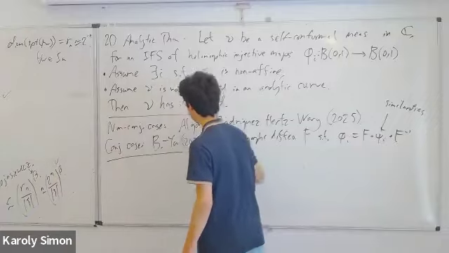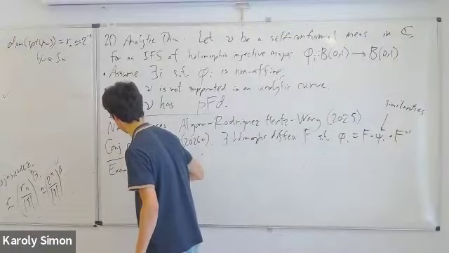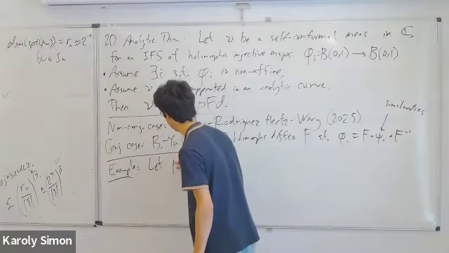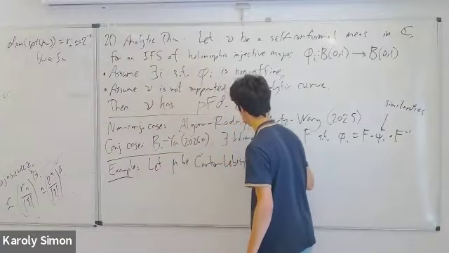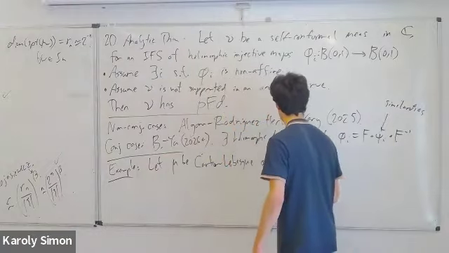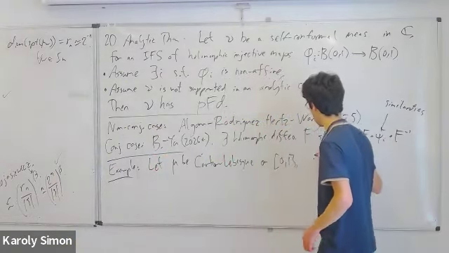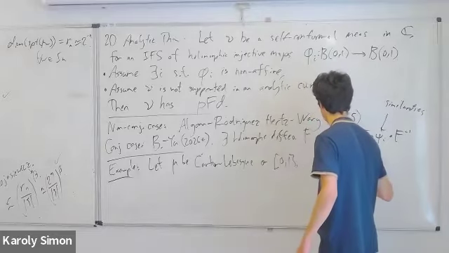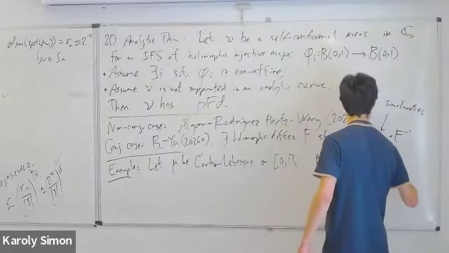And the reason for that is because we have these interesting examples. Let mu be the Cantor-Lebesgue measure on the interval 0 to 1, for example, and let f of z be equal to z plus i times (z plus 1) squared.